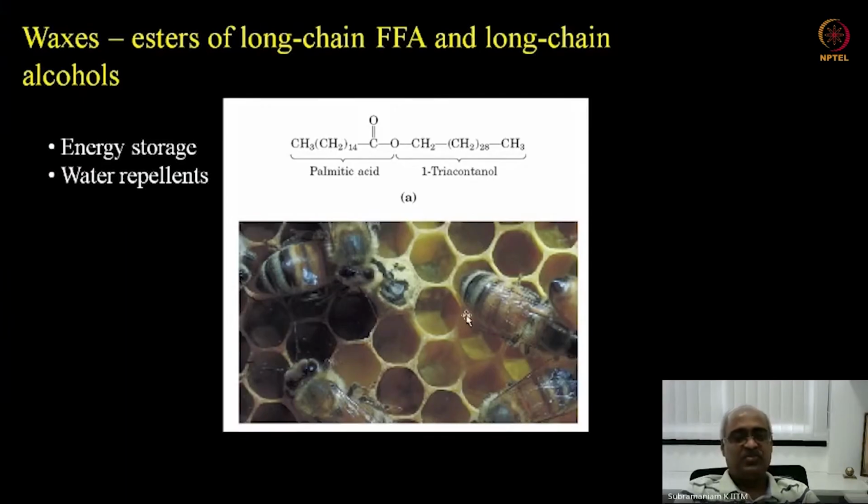You can see the usefulness of wax in this image. The honeybee nest, this honeycomb structure, is made of wax. It is mainly an energy storage like other lipids, but its primary function is actually water repellence.